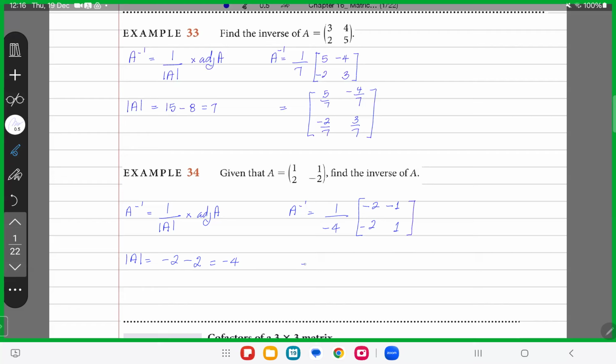So this is the inverse, but if I want, I could further represent it as minus 2 over minus 4, minus 1 over minus 4, minus 2 over minus 4, 1 over minus 4, which could be simplified to positive a half, positive a quarter, positive a half, minus a quarter.